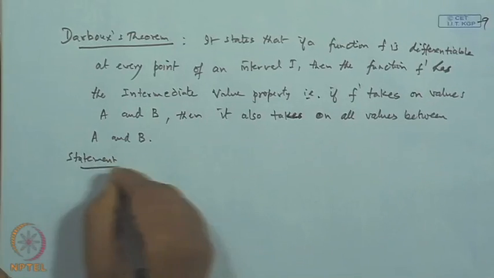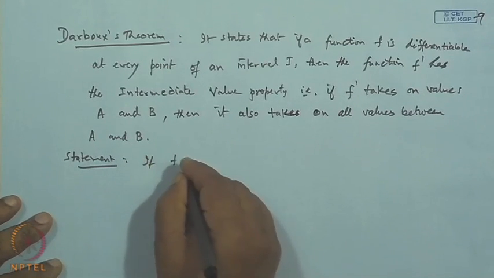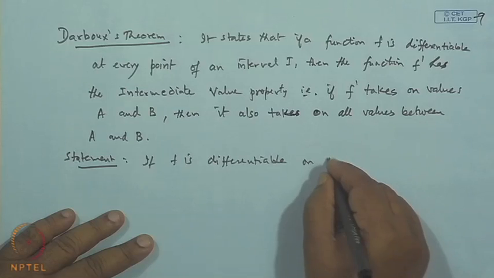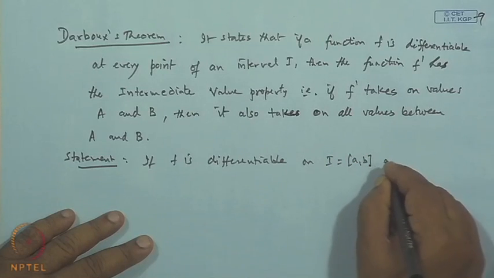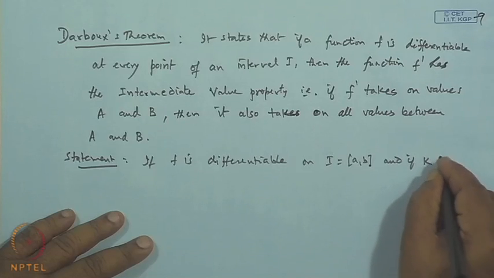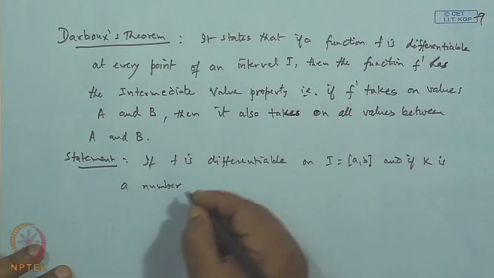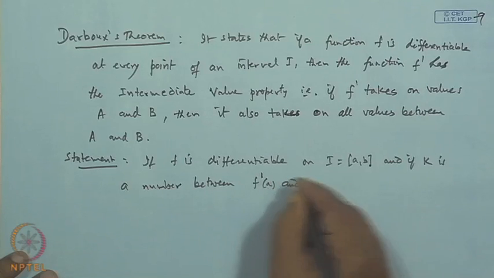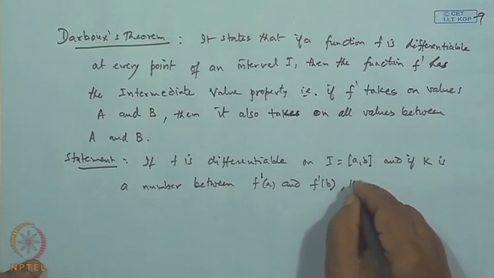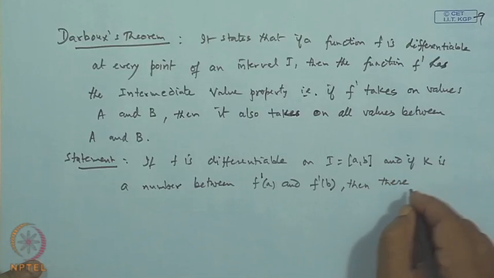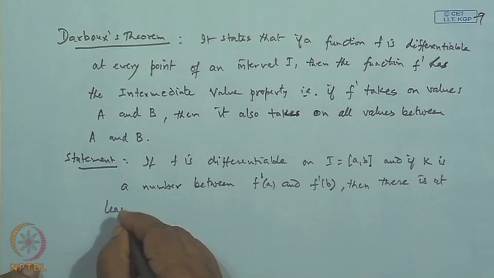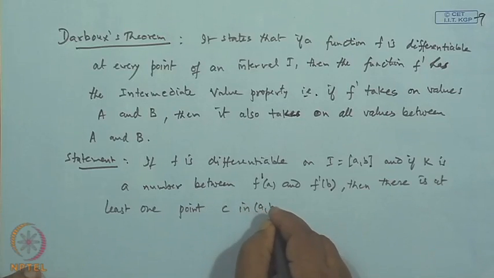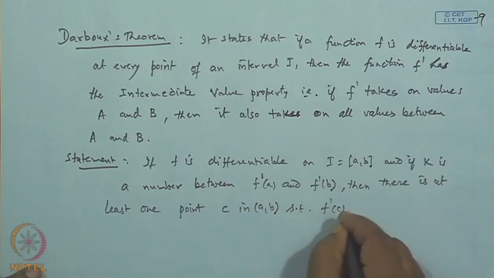We can see the exact statement is: if f is differentiable on the interval I, a closed and bounded interval I, and if k is a number between f prime a and f prime b, then there is at least one point C in the interval (a, b) such that the derivative of the function at C is k.